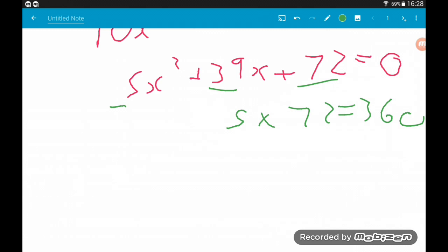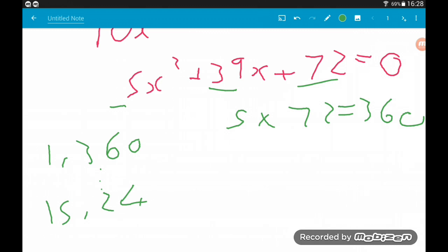So if we went through our list of factor pairs of 360, there's quite a few. So for example, we'd have 1 and 360. That would add together to 361. If we carried on going through, we would get to 15 and 24.